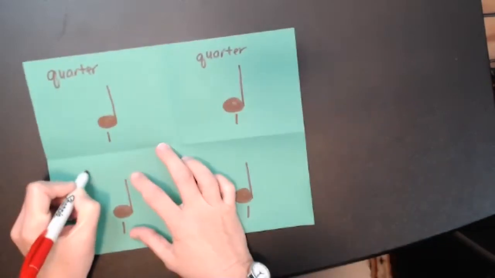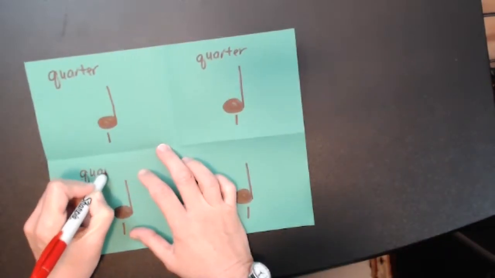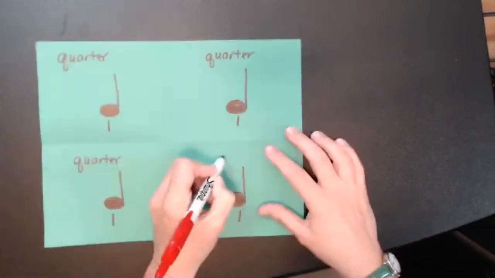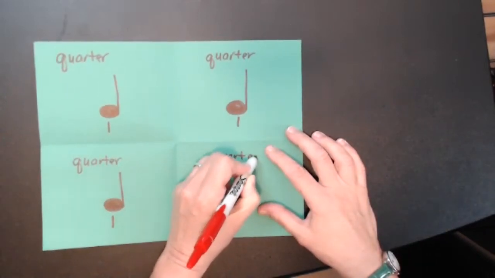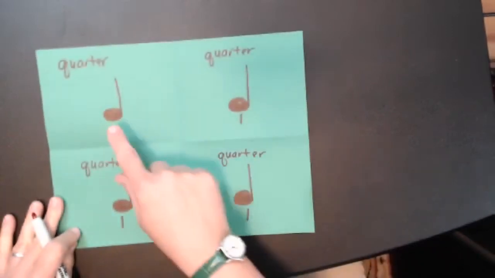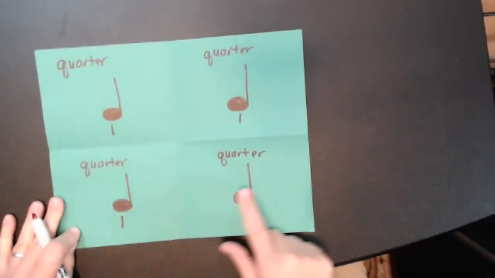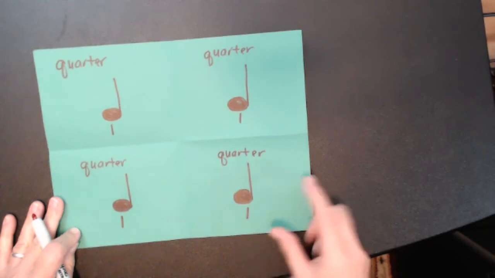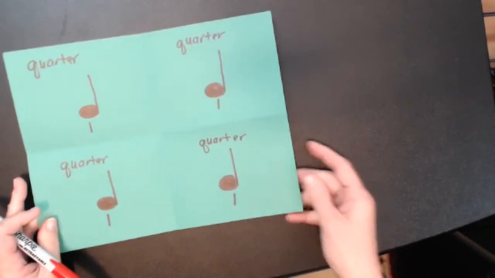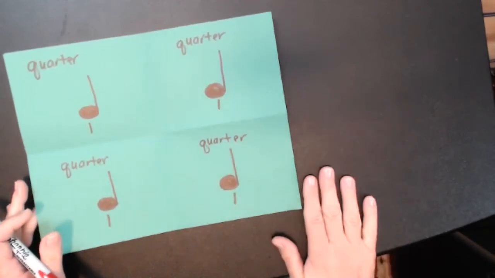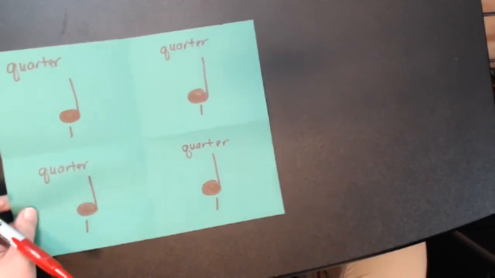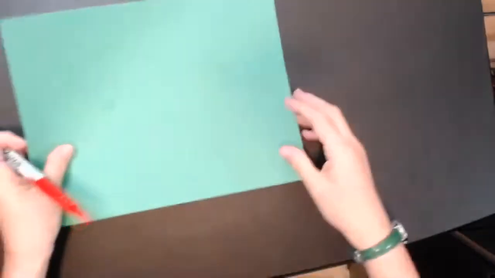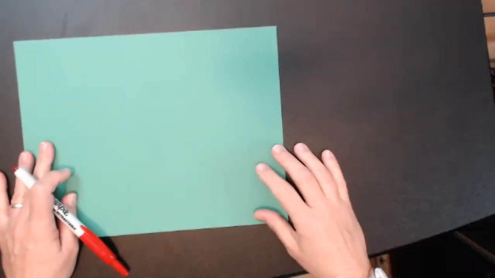And so I want you to know what the real name of this note is. Not that it's just a 1 beat note, but it's a quarter note. Quarter, quarter, quarter, quarter. And those are the notes that are basically the ones that will make up what we call 4/4 time.